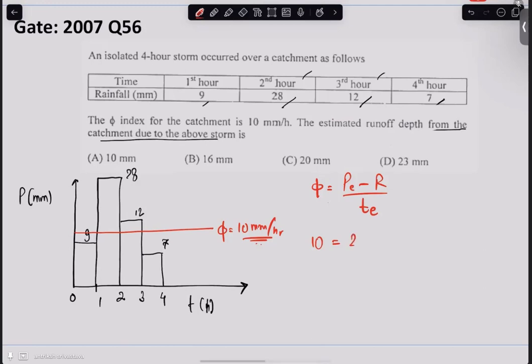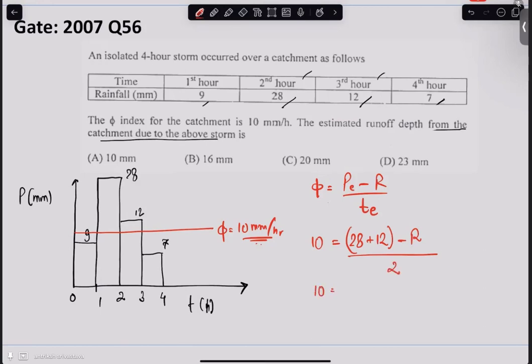So we'll have 28 and 12, because 9 and 7 are less than 10, so we are not going to count them. Then subtract R, the runoff, and then TE. TE is the total time where the precipitation intensity was greater than 10, so it is going to be 2.